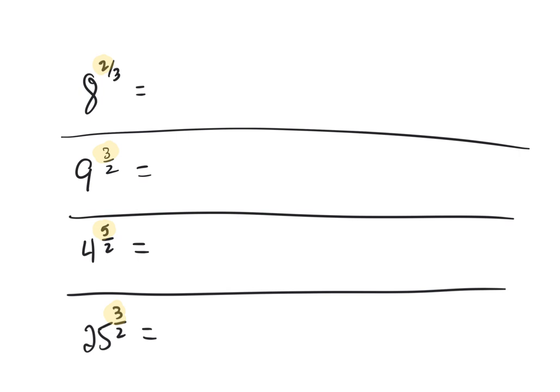So what I do with 8 to the 2/3 is I think of 8 to the 2/3 as being, I'm going to factor the 2 out, and that would leave me with 1/3. Would everyone agree that 1/3 times 2 is 2/3? Right? And the reason we do that, we factor out whatever the numerator is.